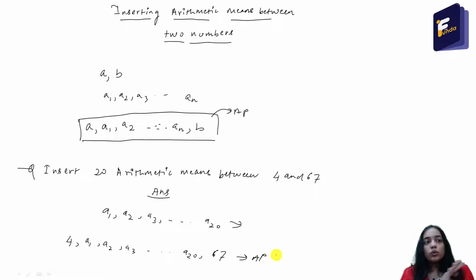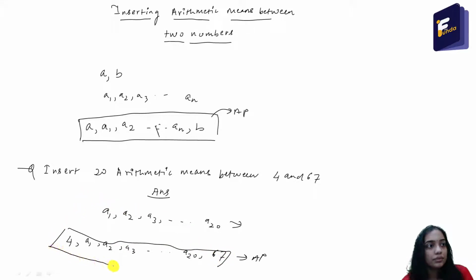So if this whole series is an AP, count the number of terms in this AP. These are 20 terms and 2 extra terms, that is 4 and 67.